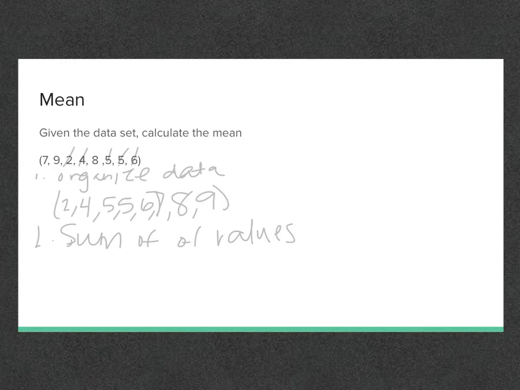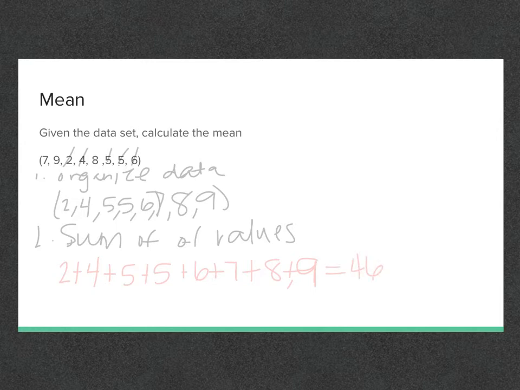If I do that, I'm going to start by 2 plus 4, which gives me 6, plus 5 would give me 11, plus another 5 would give me 16, plus a 6 would give me 22, plus a 7 would give me 29, plus my 8 would give me 37, and then plus my 9 is going to give me 46.